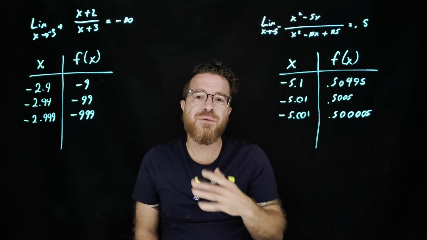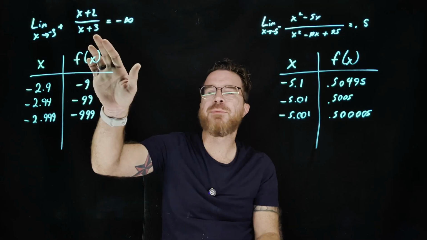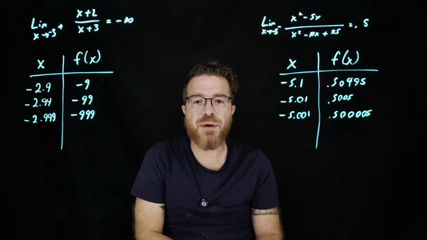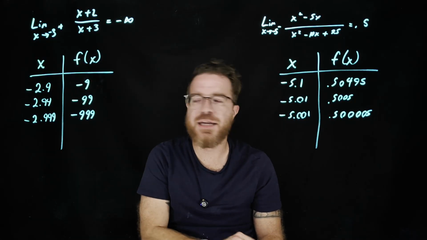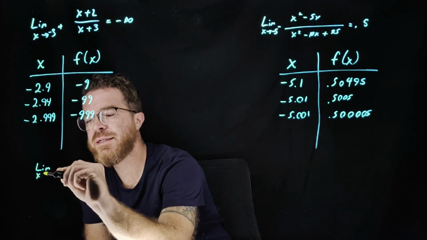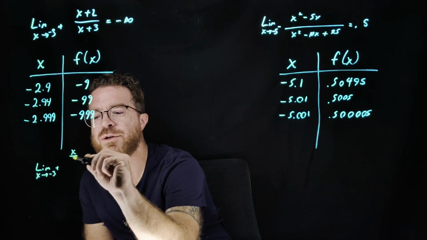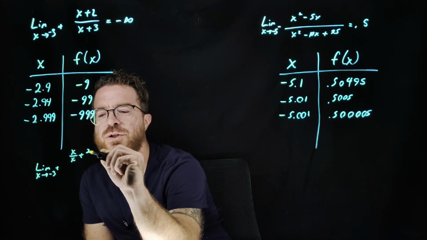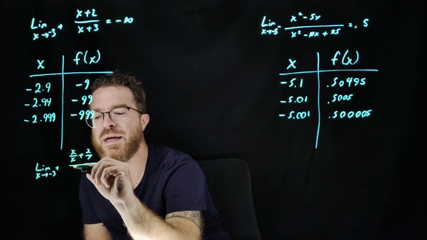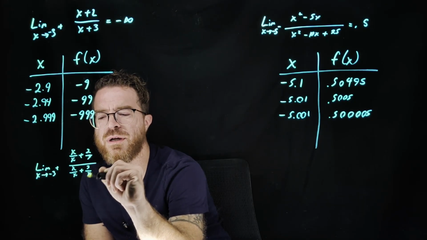But let's see what would happen if we tried to solve this analytically. So in this case, because we have x plus 2 over x plus 3, I'm going to do my trick where I divide by the x with the highest power, which in this case is just x. So this is going to end up being the limit as x approaches -3 from the right. This is going to be x over x plus 2 over x divided by x over x plus 3 over x.